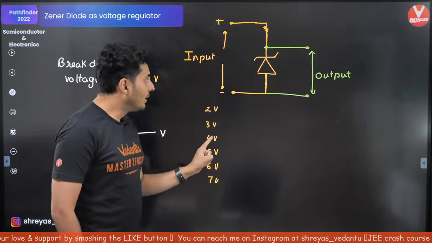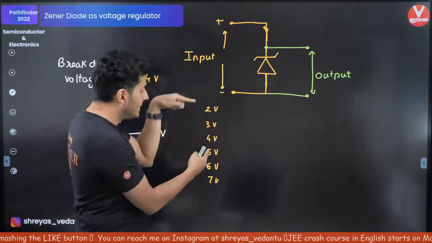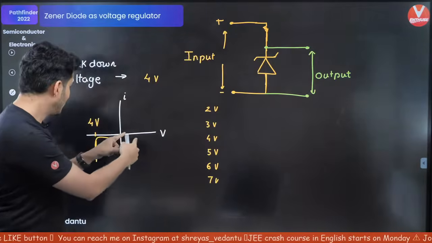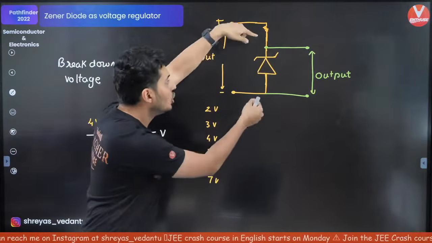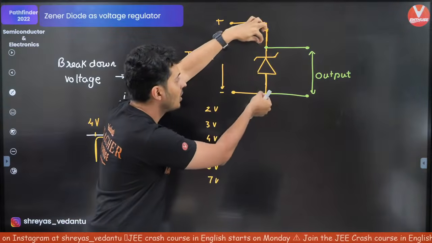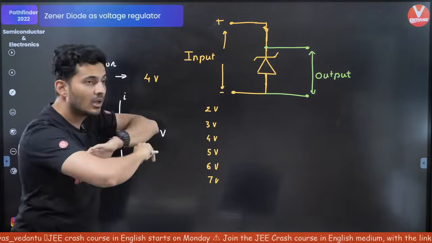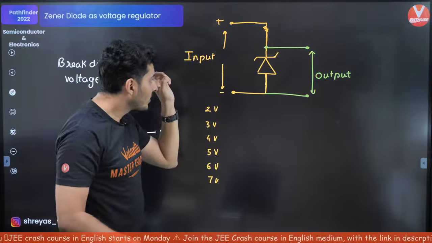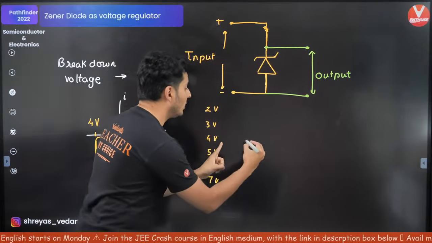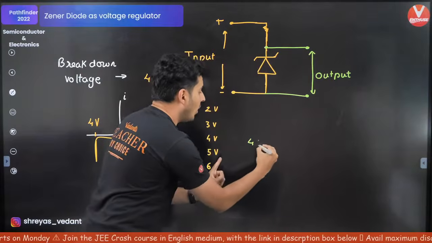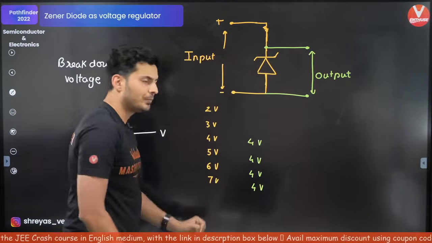The moment the input voltage exceeds the breakdown voltage, no matter what you try to do, you cannot have a voltage drop of more than the breakdown voltage, in this case 4 volts, under any circumstance. That means the output voltage after this will always be 4 volts no matter what you try to do.